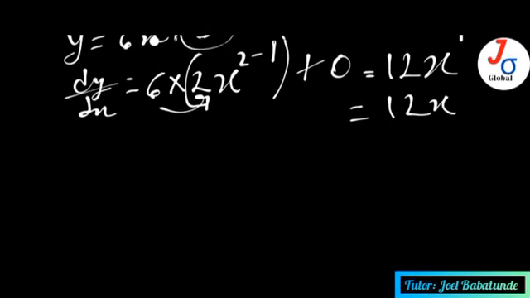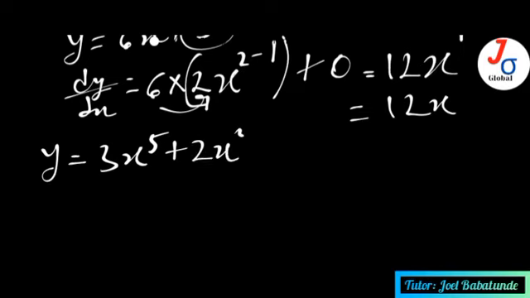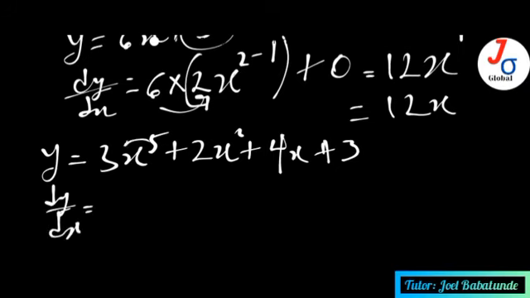So let's take another example. Let's say y equals 3x to the power of 5 plus 2x squared plus 4x plus 3. Now this is kind of long. So dy/dx is actually 3 times 5, then x to the power of 5 minus 1.